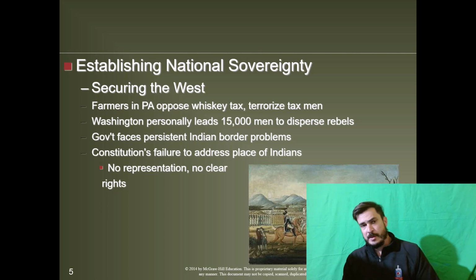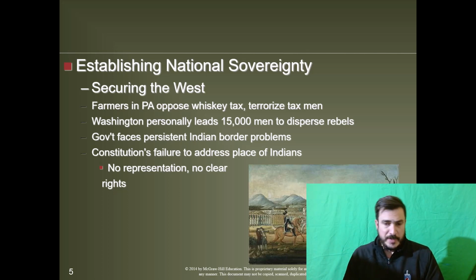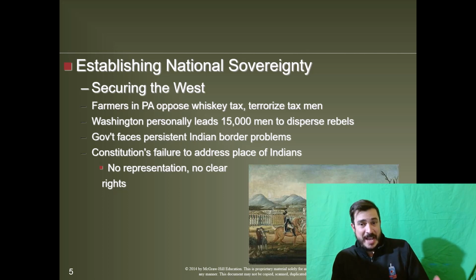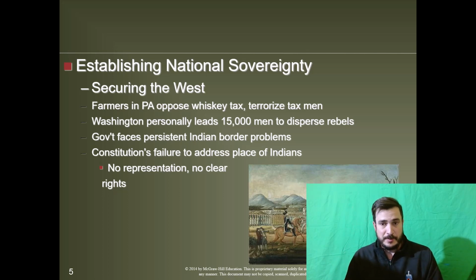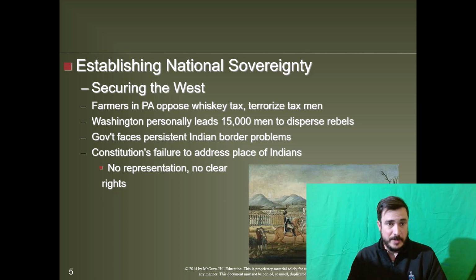So almost every major political episode, you see these two diametrically opposed perspectives develop. For example, in Western Pennsylvania in, I think, 1794, a group of farmers begins to attack tax collectors. There had been a tax by the federal government under Secretary of the Treasury Alexander Hamilton put on whiskey.